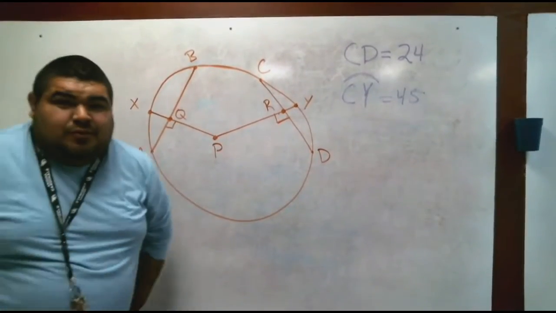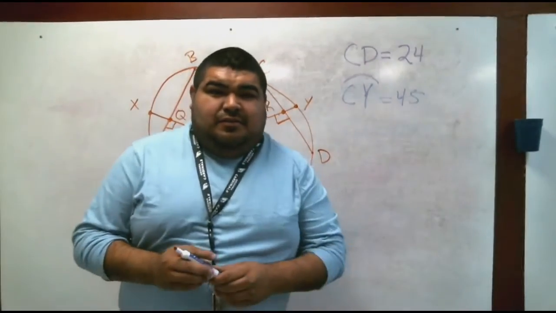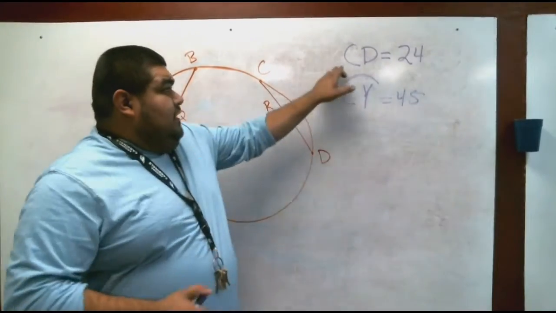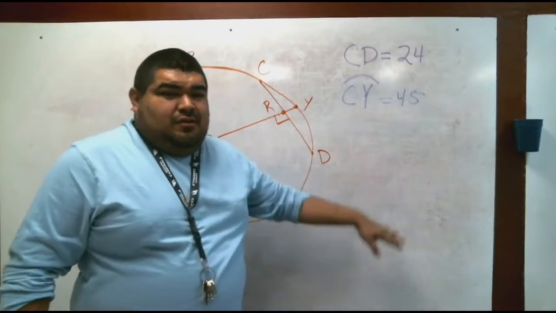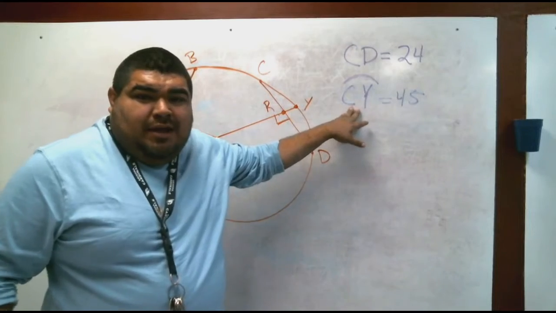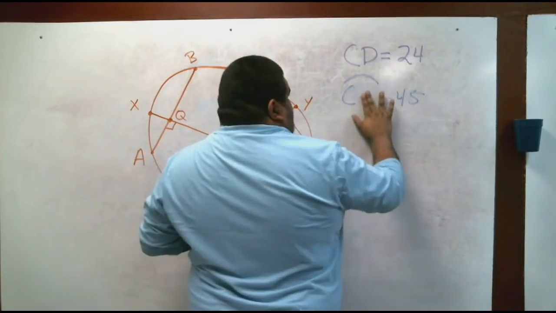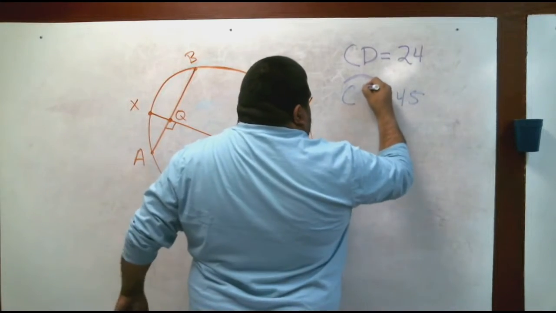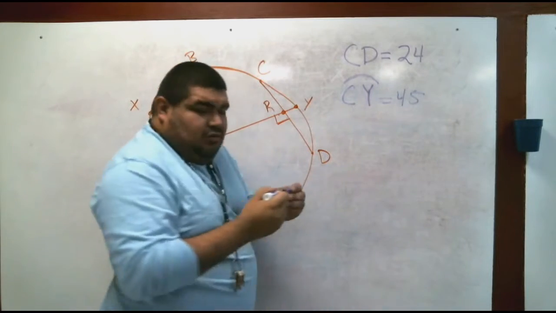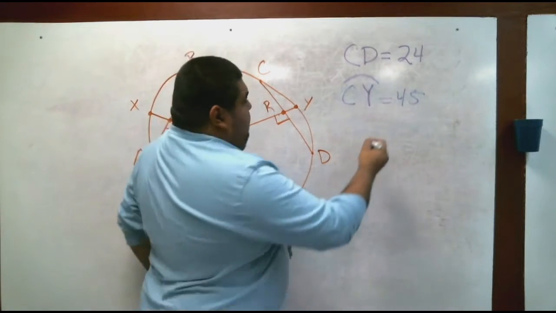All we have to find is the measurements, okay? So CD equals 24, arc CY equals 45, okay?